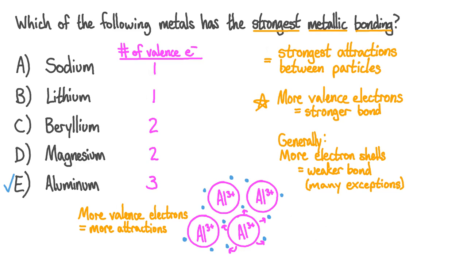However, since there are many exceptions to this pattern, it would be useful to confirm any assumptions about bond strength or melting points gleaned from this pattern by looking them up. Of the choices, the metal with the strongest metallic bonding is choice E, aluminum.